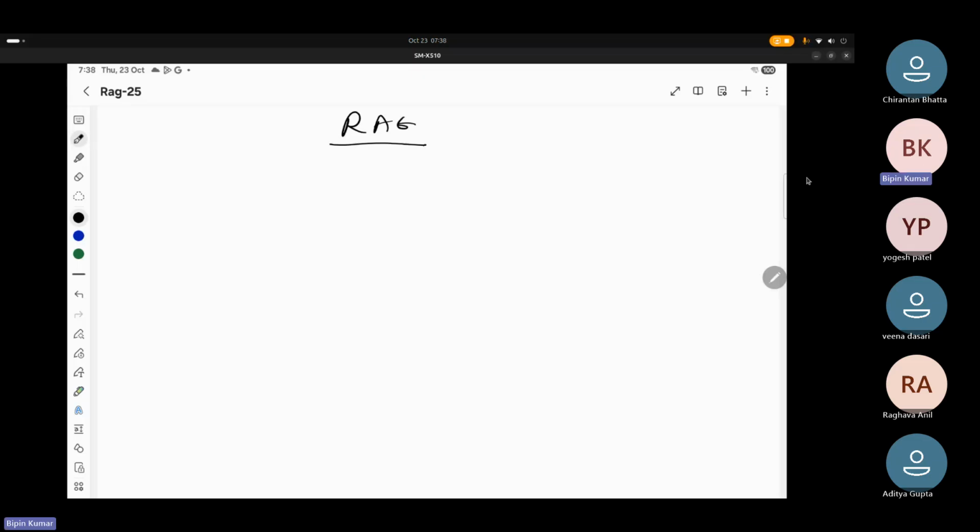In previous classes, we started with RAG, and already many things we have learned in RAG system. So RAG is retrieval augmentation and generation.